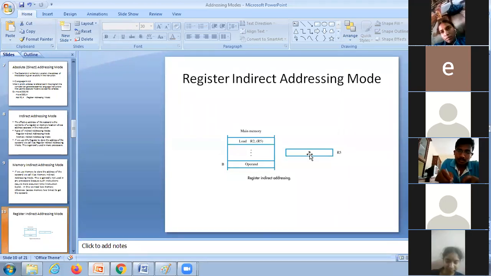This is the CPU registers. I'll share the PPT also, no problem, but you write it. Why? Because if you note down this diagram, then it will be easy to understand the explanation.